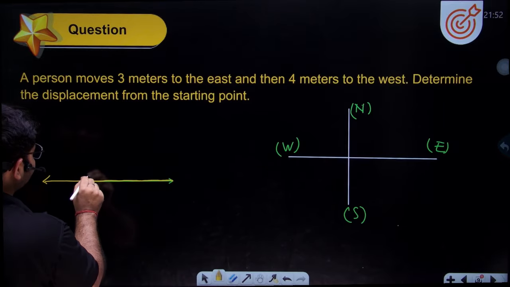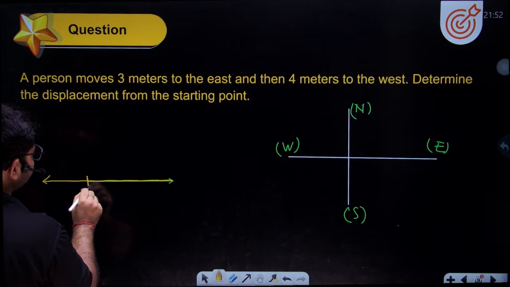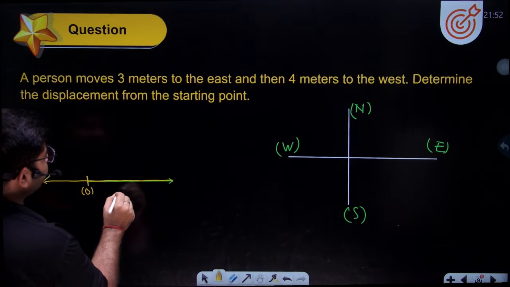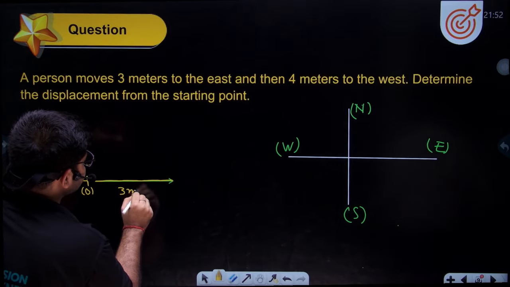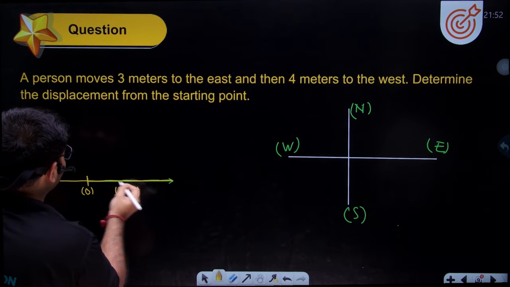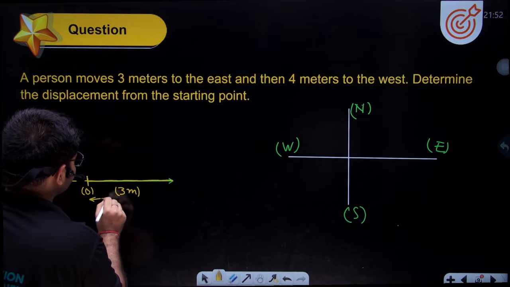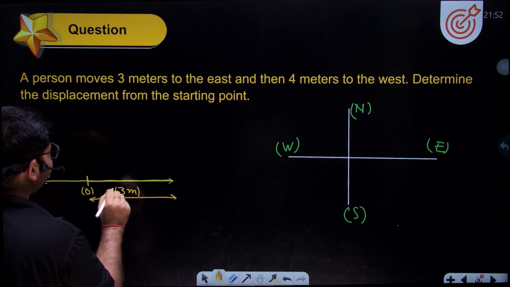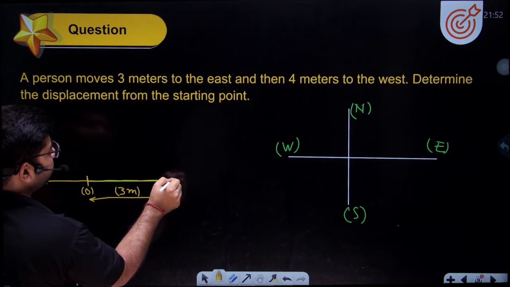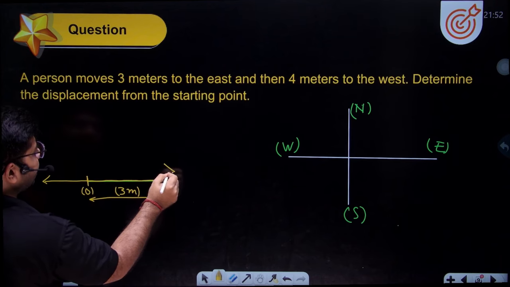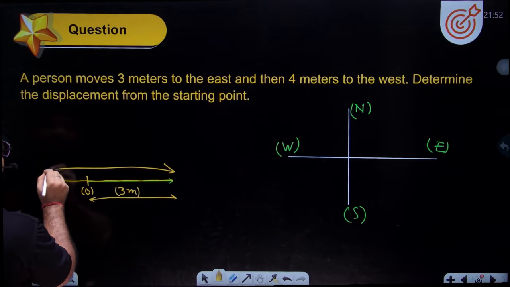So this was my starting point, O. Now when the person is moving 3 meters in the east, followed by 4 meters in the west. So this much is 3 meters. 4 meters is going to be how much? From here again you are traveling back. So this entire is your 4 meter.